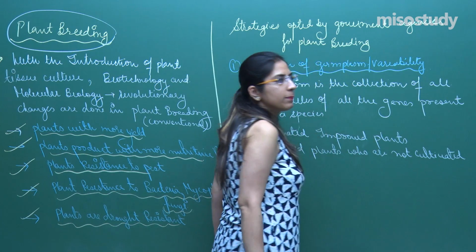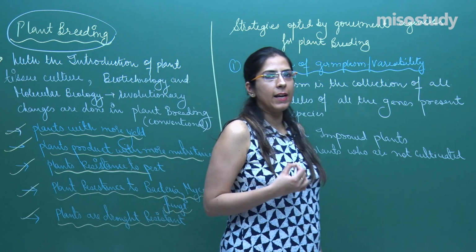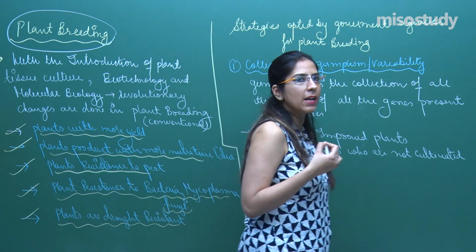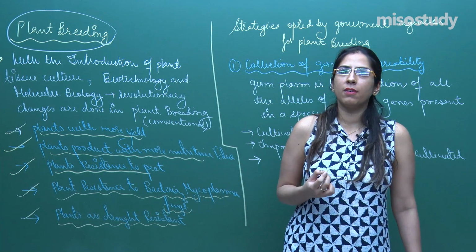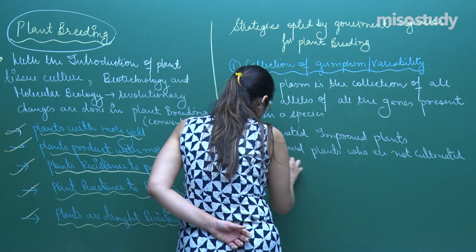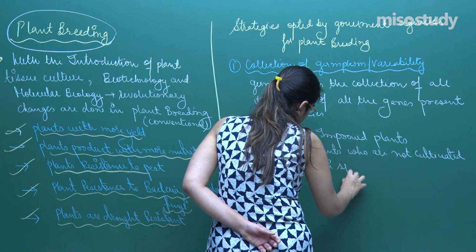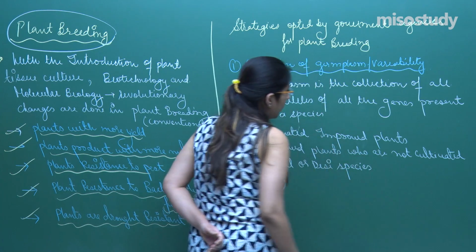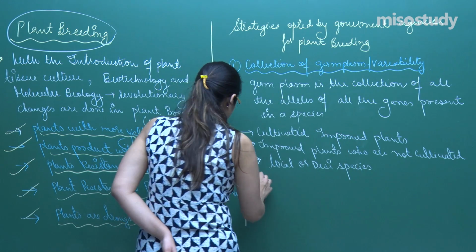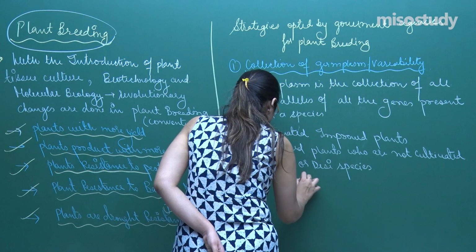Were not cultivated, right? So the third point, let's talk about the third point. The third that I will collect is a local population of that particular species, right? Or more precisely, I would rather say desi species which are available in the market. So let's write about the local or desi species, right? Now, next I will collect those which are available at the breeders. So, line produced by breeder.